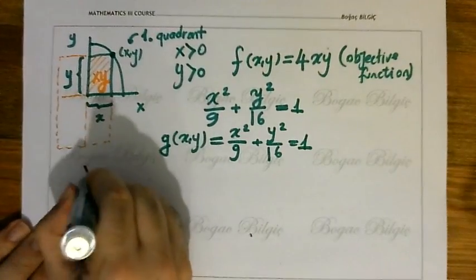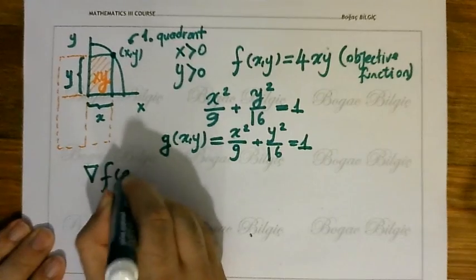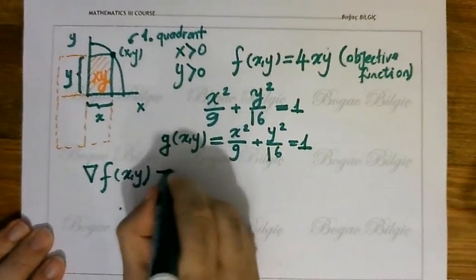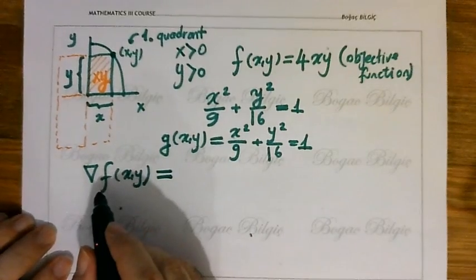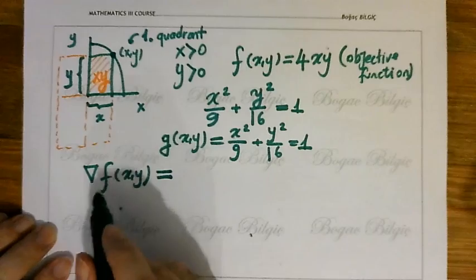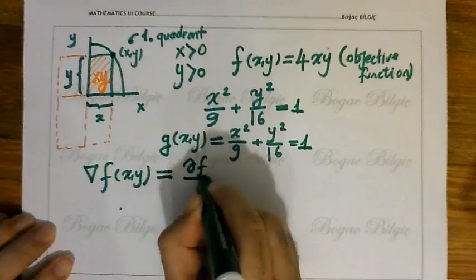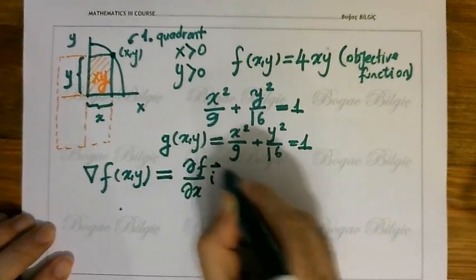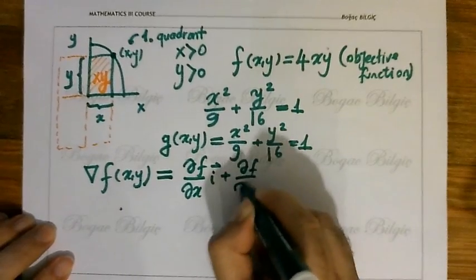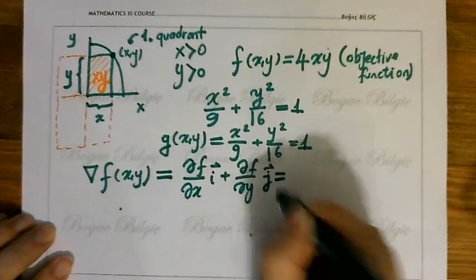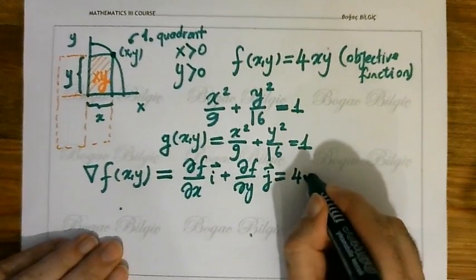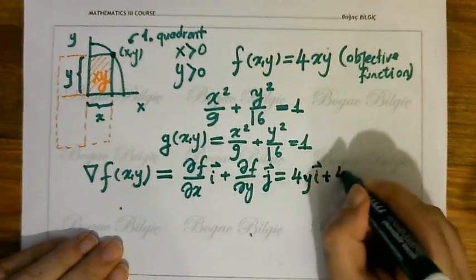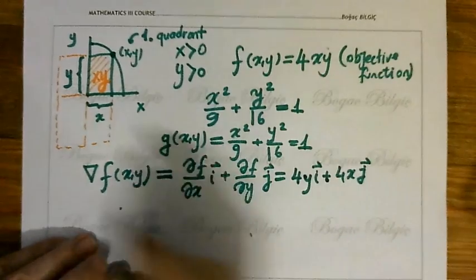Since grad f(x, y), what is the meaning of grad? It is del f del x i plus del f del y j, so it is 4y i plus 4x j.